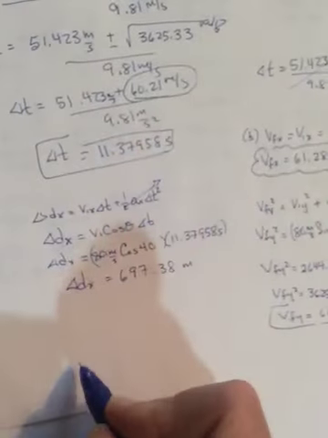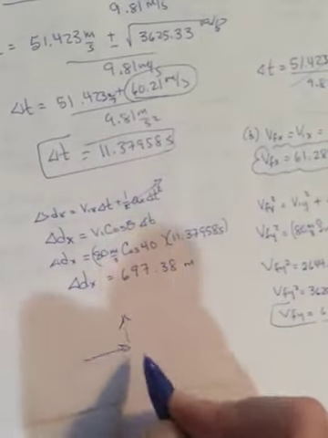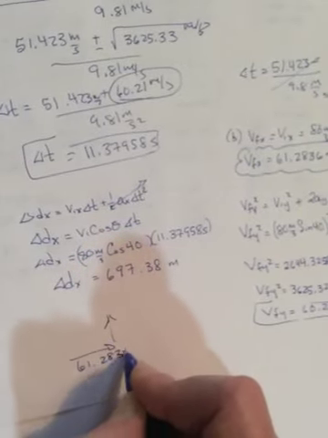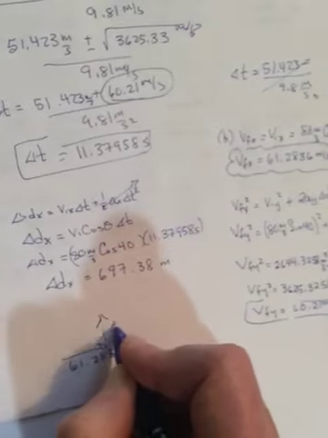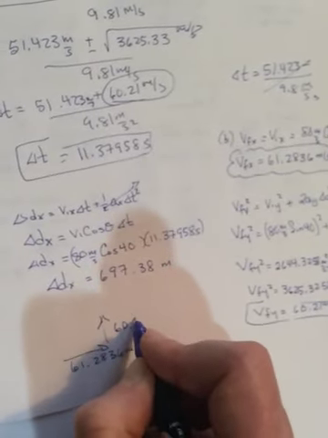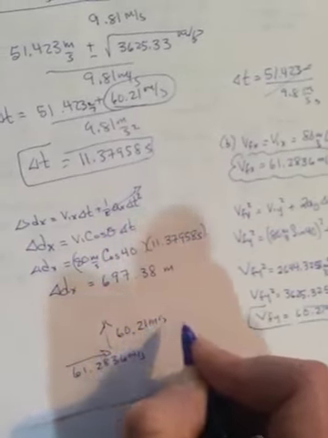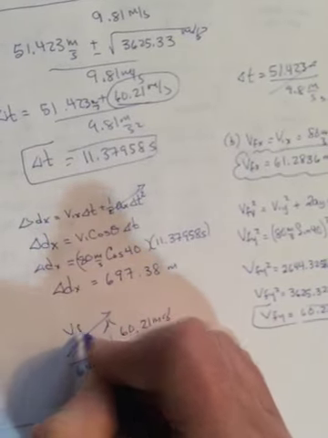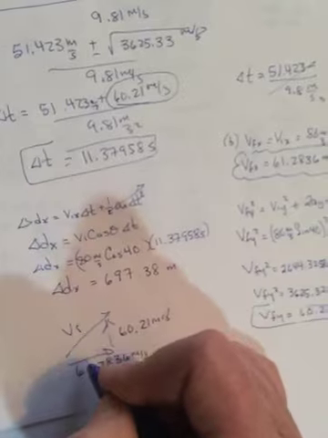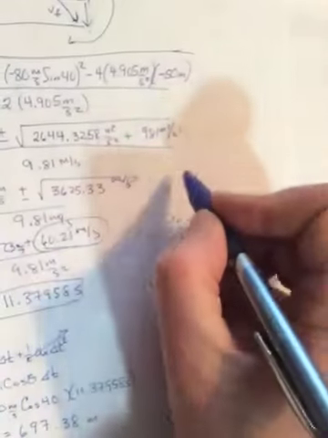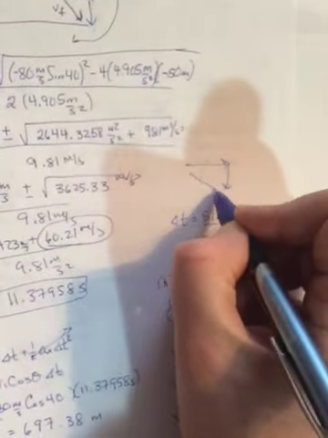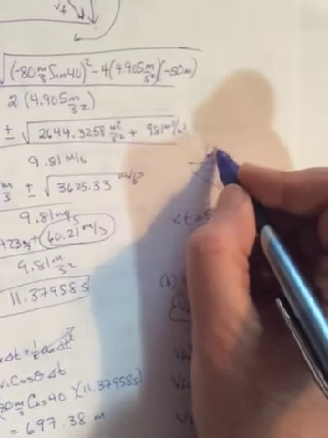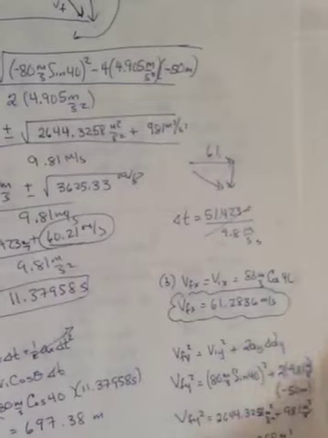Once you have those two, this one was 61.2836 meters per second. This one was 60.21 meters per second. I'm going to square them, add them together. Oops, except I drew it the wrong way. Take that back. So do this and do this.